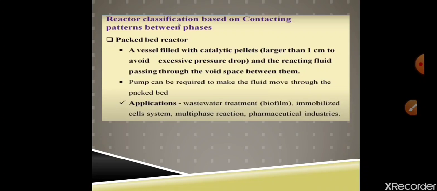So in the packed bed reactor, usually it looks like this, that your particles packed in the reactor touch each other due to gravitational force of attraction. The major problem of this process is that when we pass our liquid, the liquid can't travel in between the particles, because here one particle is in touch with the other particle.